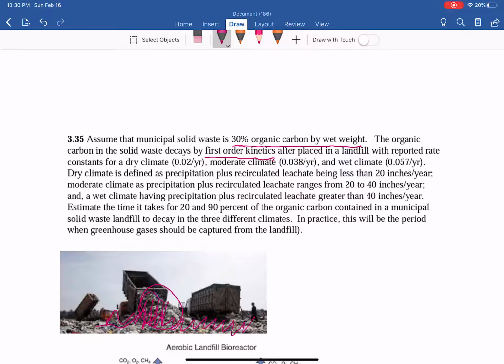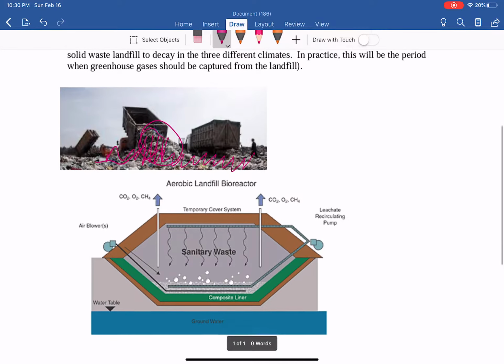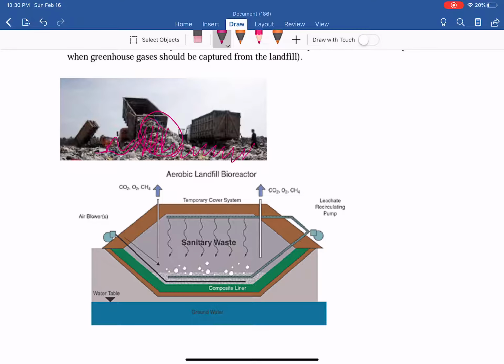What is a landfill? A landfill is a hole in the ground, and of course you have to have a liner, and they prefer a composite liner to prevent the fluid that will be created in the landfill from penetrating to the groundwater.